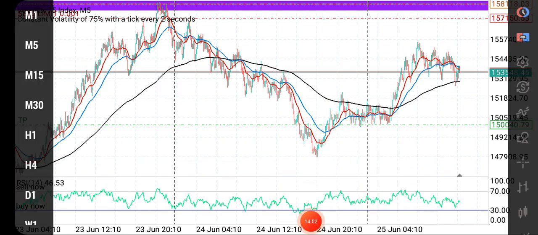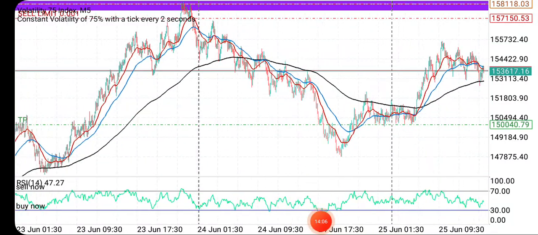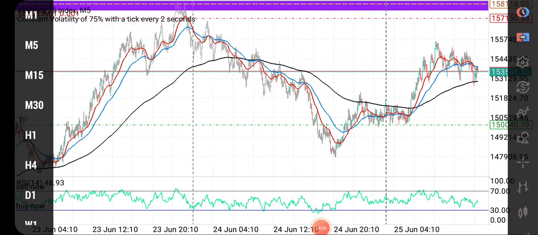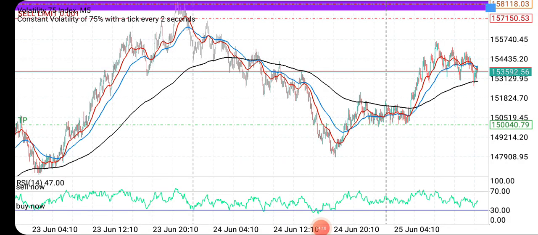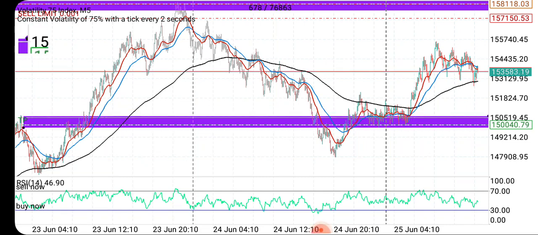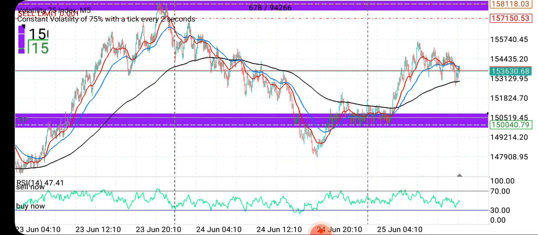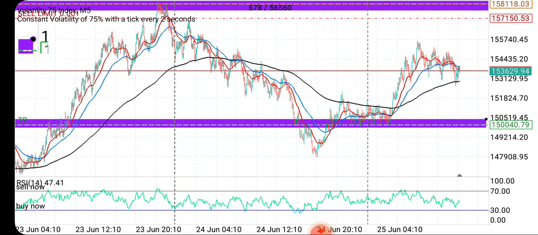If you want to enter this market, you can mark another zone here. I mean scalper. This one goes for scalpers only. Mark another zone here. If this trade comes here and rejects, you consider going up.